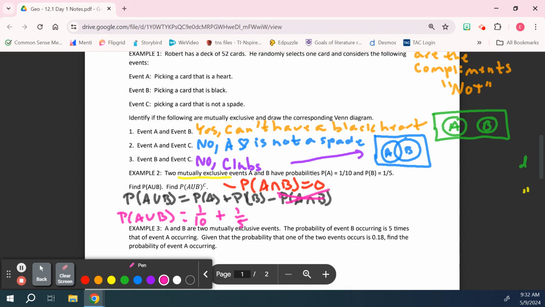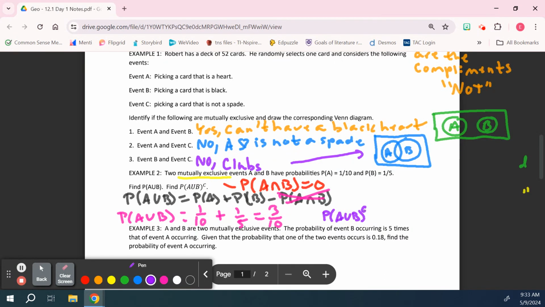So it's not technically there, right? So what's 1/10 plus 1/5? Good. 3/10. Now the next part, they're saying find the probability of A union B complement.